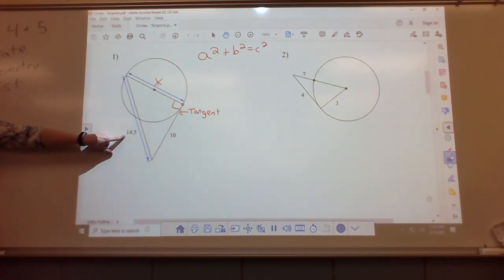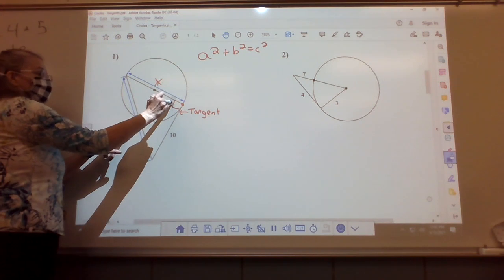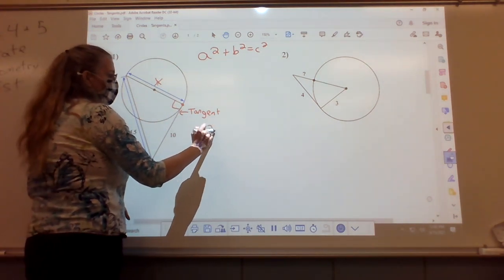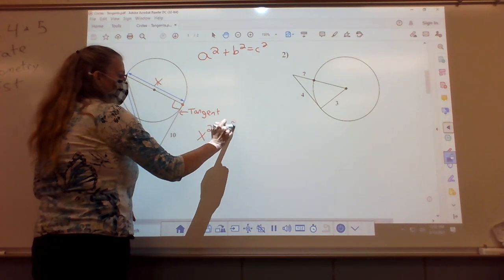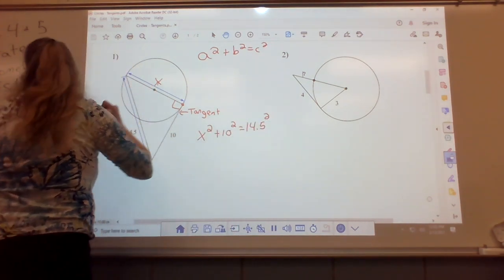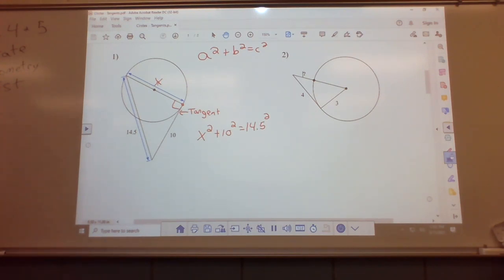The 14.5, because it's always the biggest side. And if you can't tell what's the biggest side by how long it's been drawn, look for the 90 and follow it across. So x squared plus 10 squared equals 14.5 squared. That's my setup.